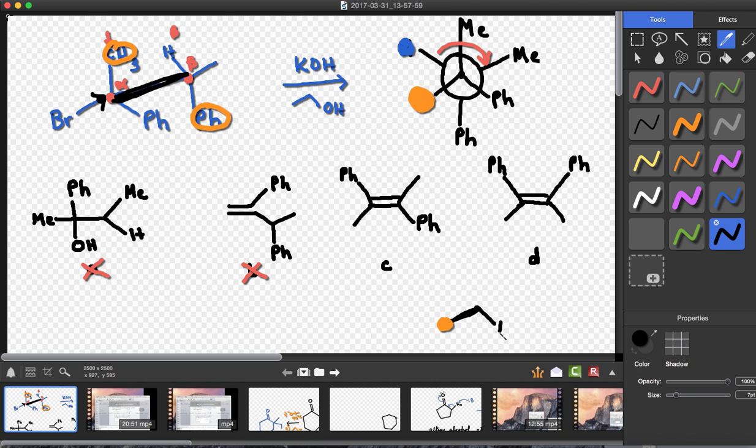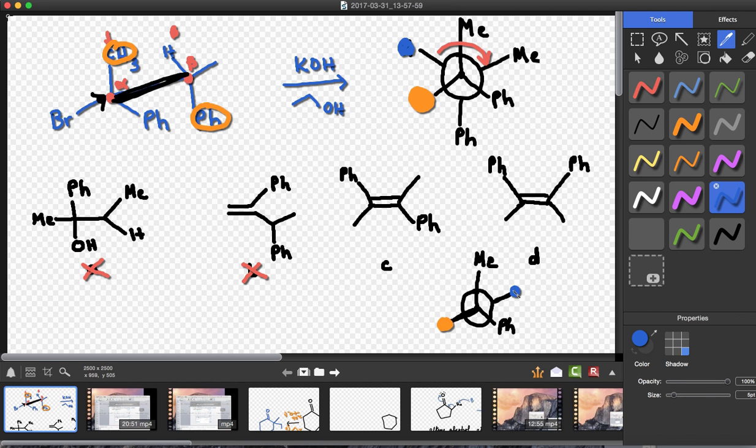Phenyl is down and to the right. Methyl is straight up. But on the back carbon, now the hydrogen is up and to the right.